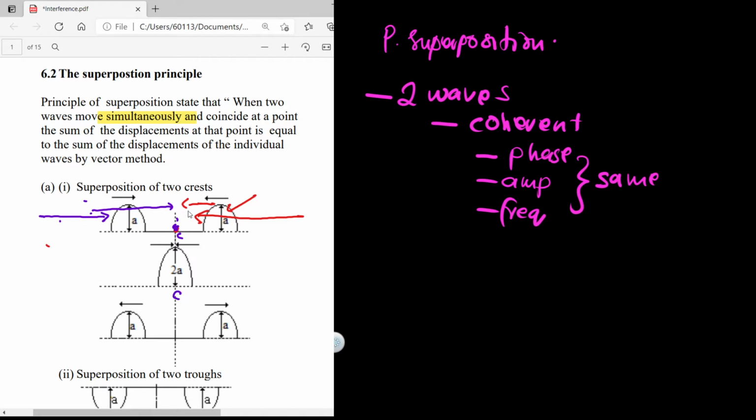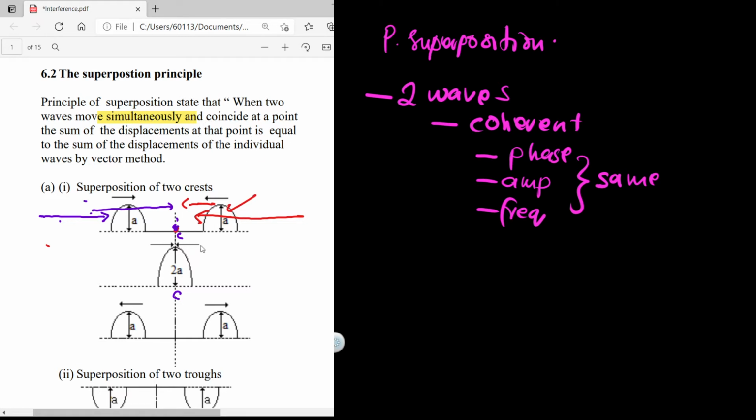They are coinciding with each other. Once they collide with each other, it will produce one big displacement, the sum of the displacement at that point.